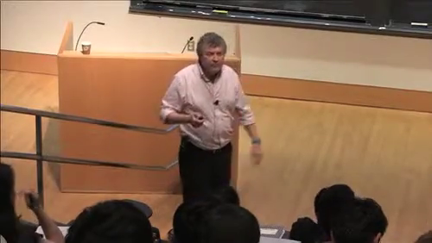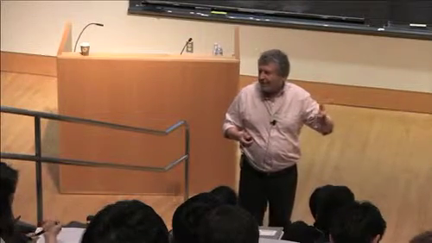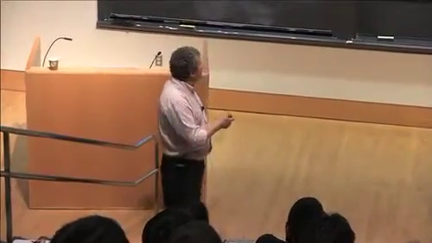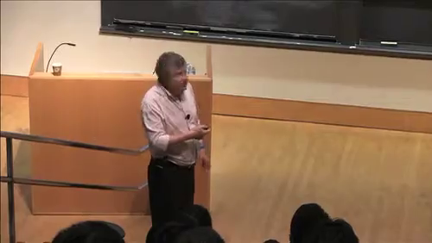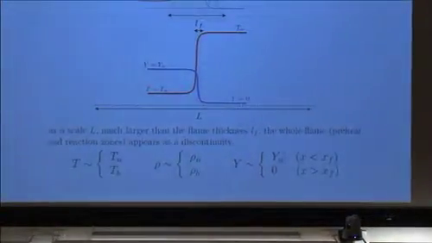That's why I was a bit careful before when I used inconsistently the flame thickness or flame location, and I really meant the reaction zone location. Okay, so now the whole flame can be viewed as a discontinuity, and the discontinuity is going to be a discontinuity in temperature, in density, and in concentration.